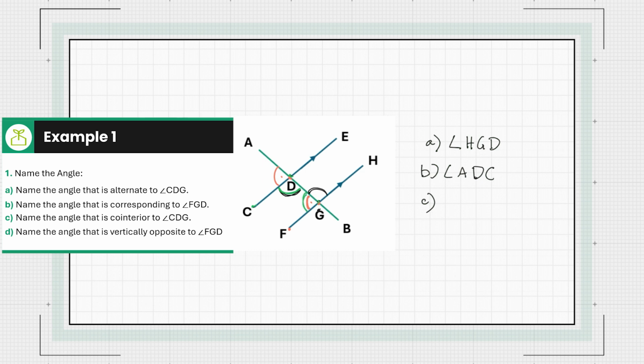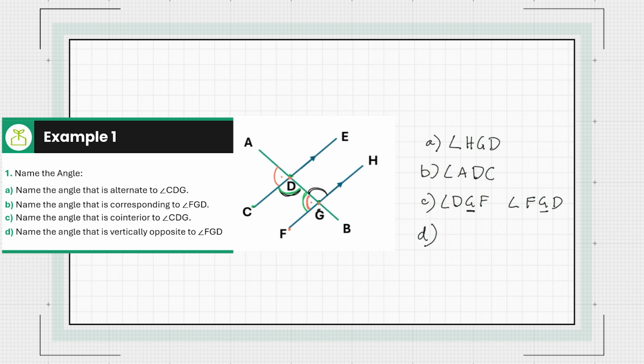Alright, so that angle again is angle DGF. Now, you might be asking, well, wasn't that the same angle we had before as FGD? Yeah, you can write these both ways. You can write this as FGD as well. The only thing that has to be the same is the point in the middle where the angle actually goes, has to be in the middle.